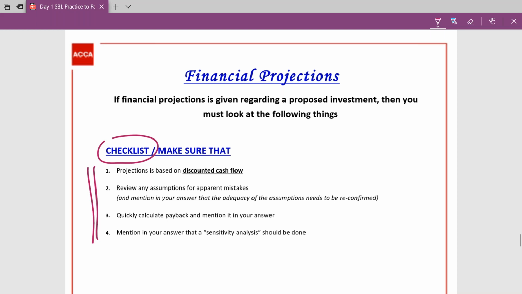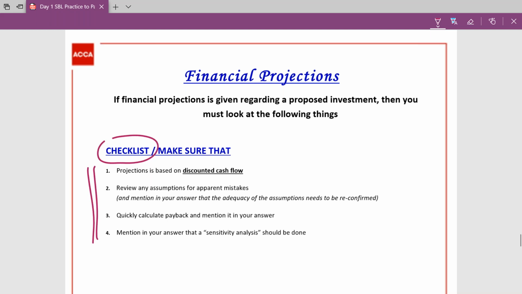Number one, make sure that the projection is based on discounted cash flows. Sometimes, I believe in one of the papers, the examiner gave accounting numbers like profits and losses. For long-term decision making, we never look at P&L. I'm sure all of you know that for any long-term decision making, we always go for discounted cash flows.